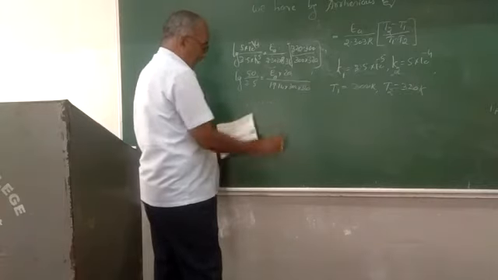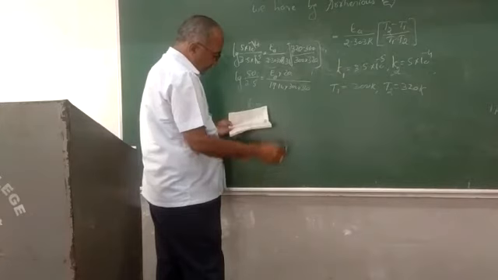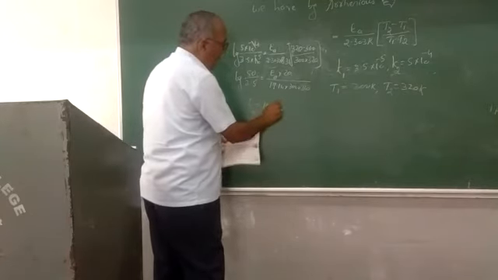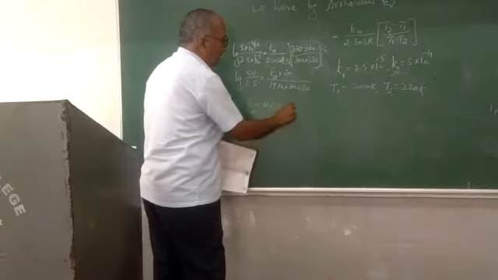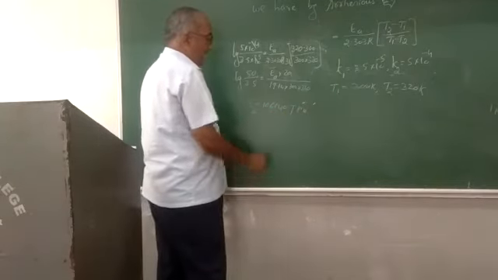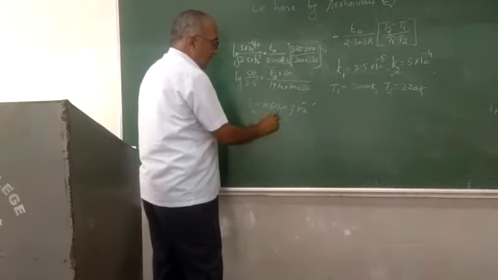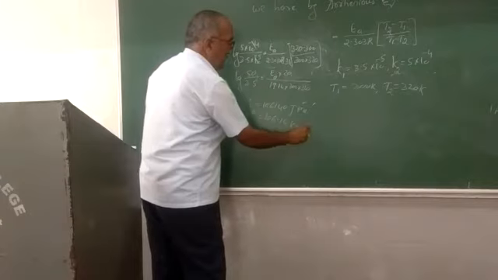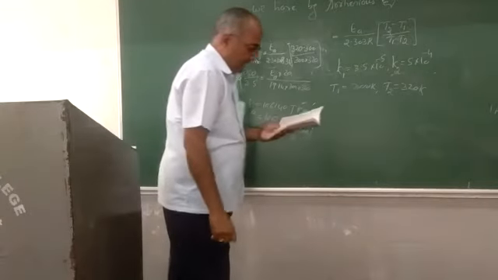Ea is 106,140 joule per mole. And in terms of kilojoule, it is 106.14 kilojoule per mole. That is the activation energy.